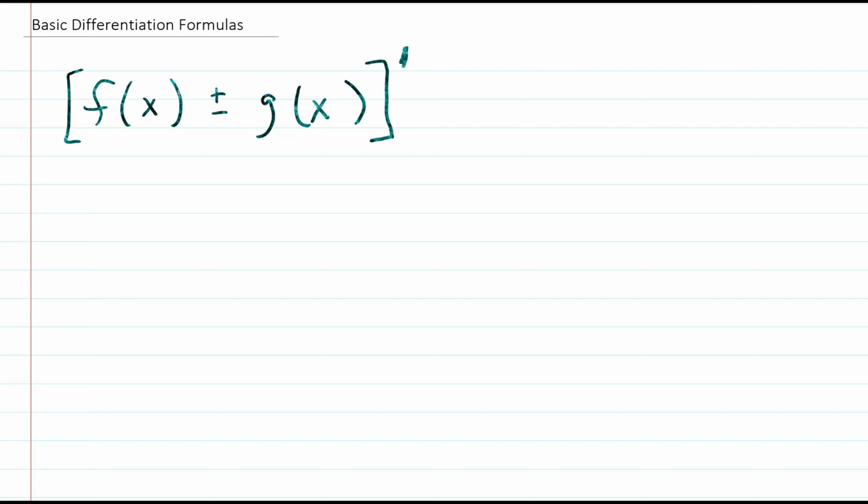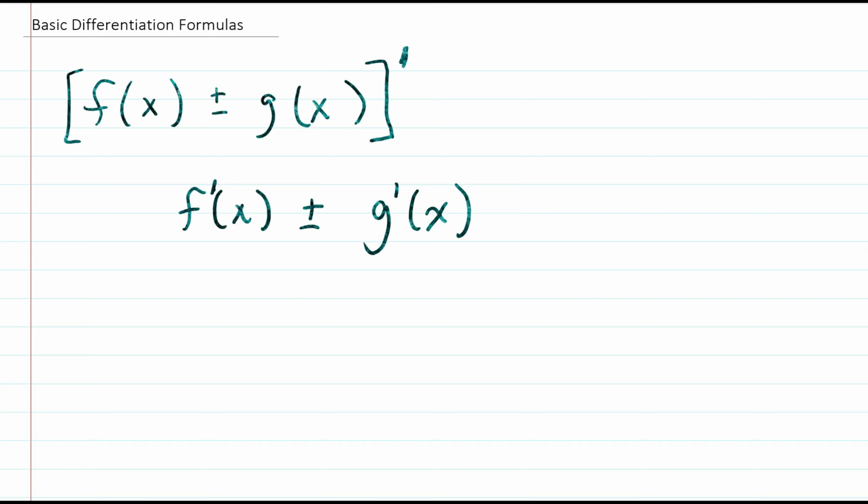That's telling us to find the derivative. The property says we can take f prime of x, then add or subtract, whatever the operation is, and take g prime of x.